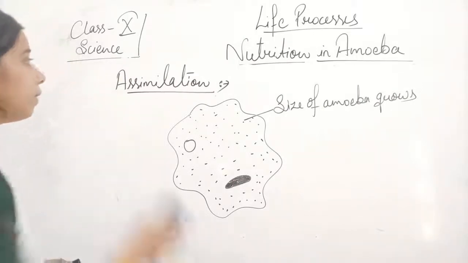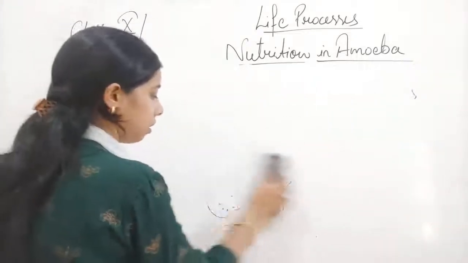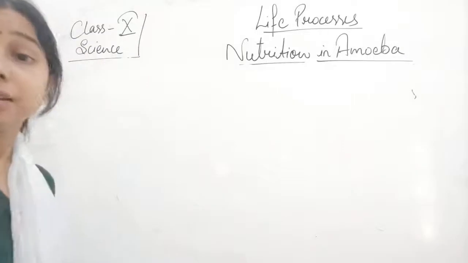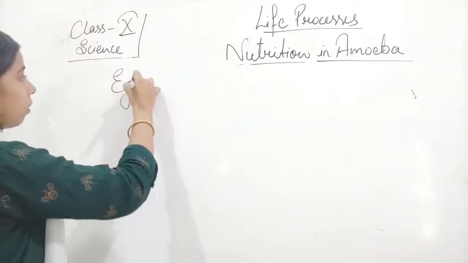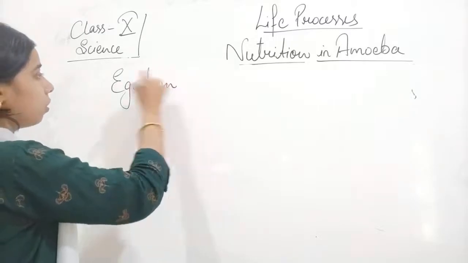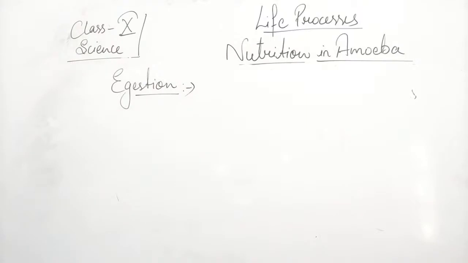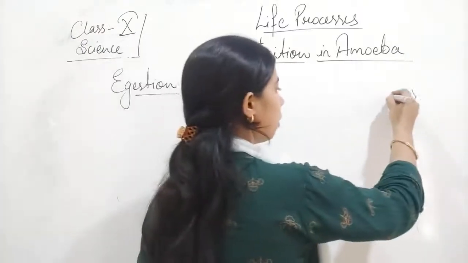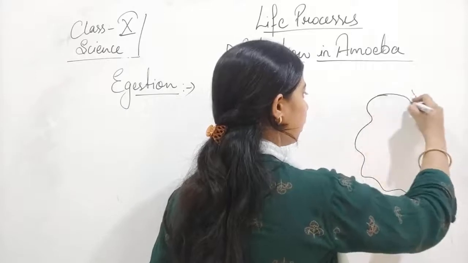Moving on, we will see the last step of the amoeba, and that is egestion. In case of egestion, let me draw the diagram. So here I am drawing the diagram, students.